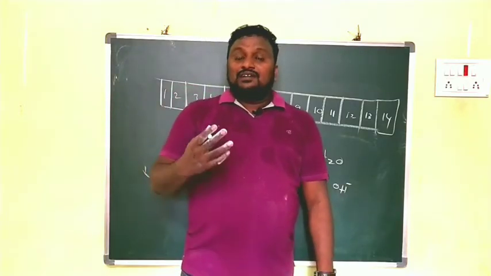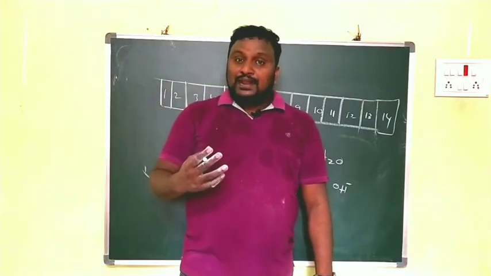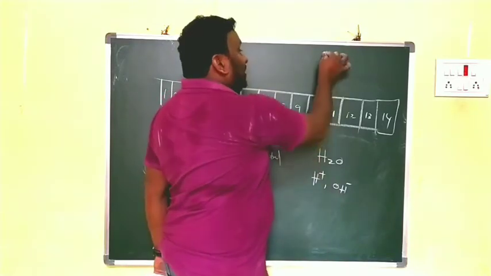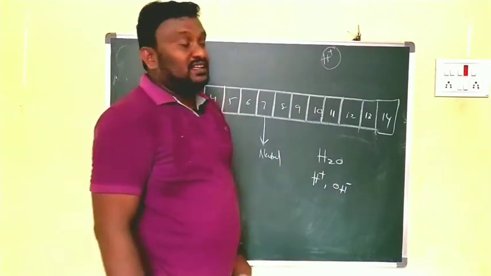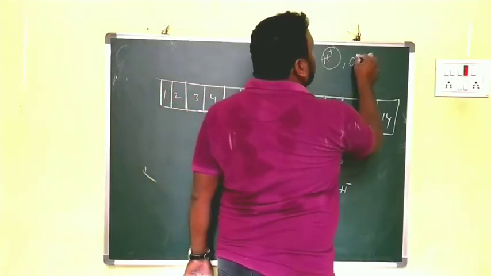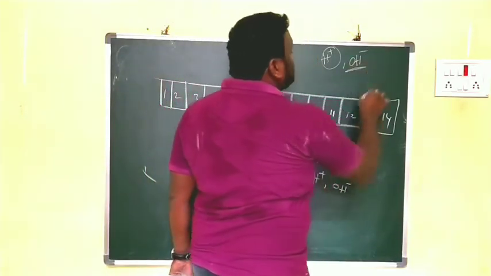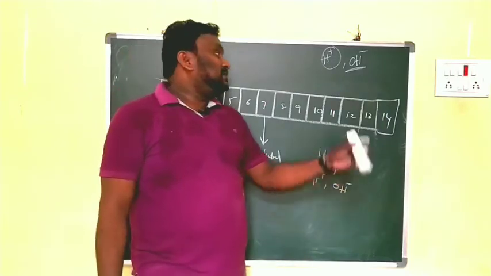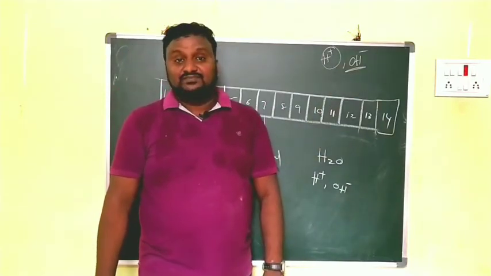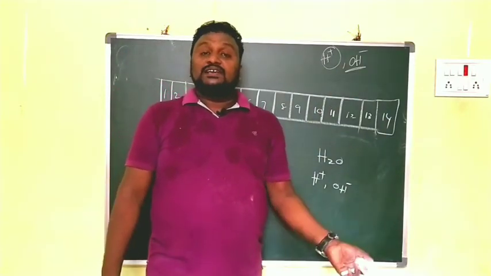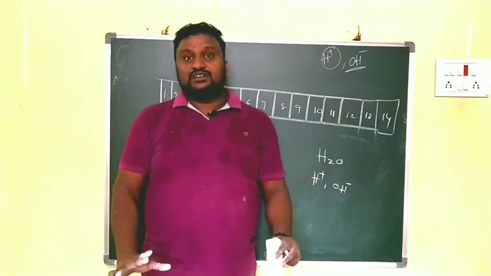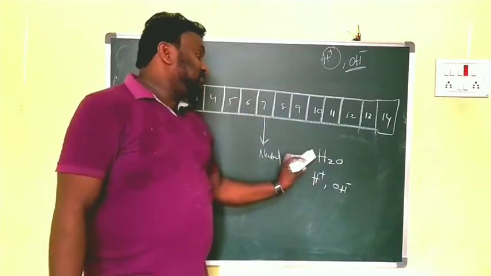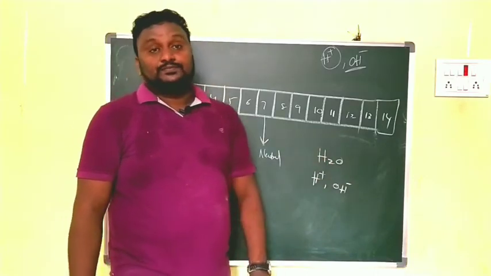Generally, the strength of an acid depends upon the H plus ions. When OH minus is more, that is a base. When H plus is more, that is an acid. So when H plus and OH minus are equal, that is neutral. That's why H2O is taken as water.